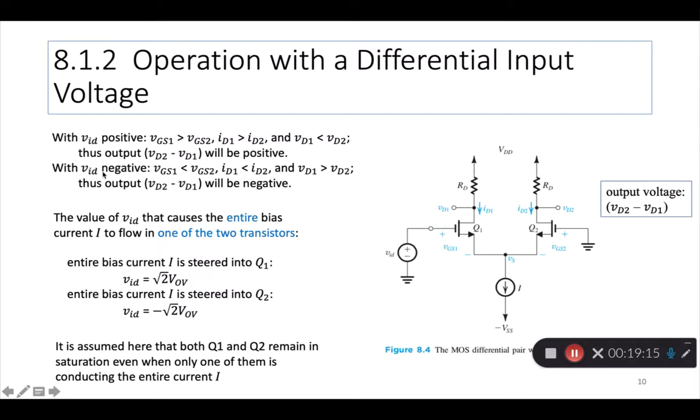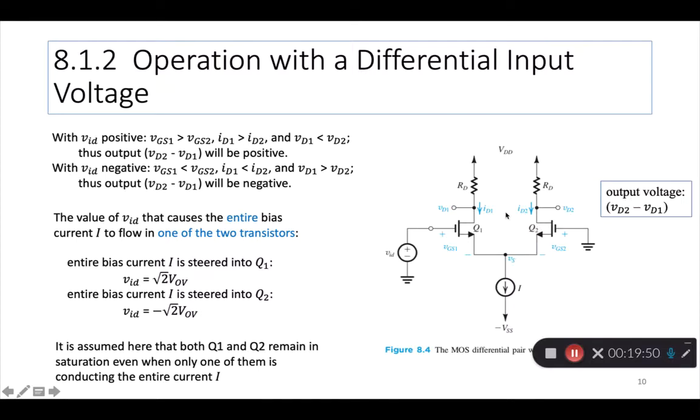With VID negative, that means if this is turned around and the voltage going into the gate is negative, then the output also will be negative. So there is no phase shift, there is no sign change in a differential input amplifier in this configuration. So that is with regard to the input voltage and how it affects the output voltage.